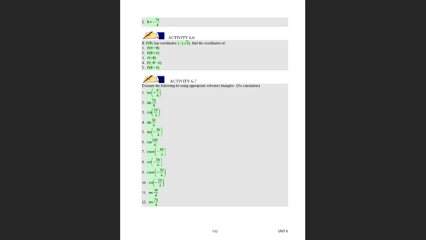So now, here it says that we have P of theta. So let us draw our angle.